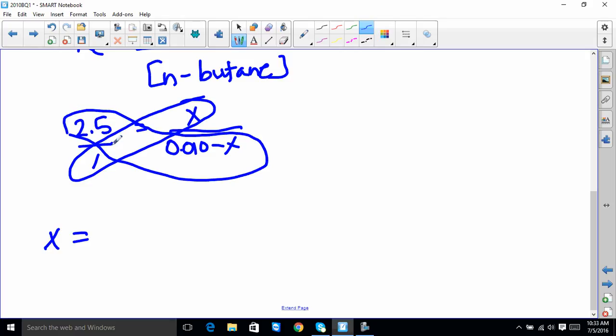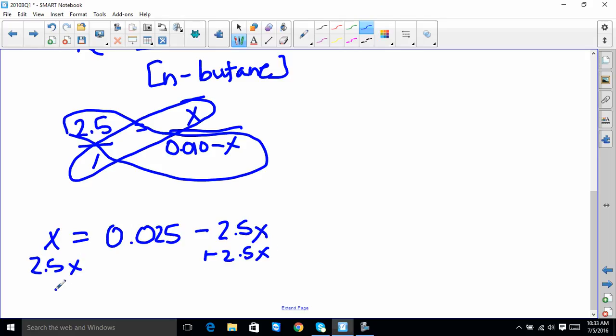So 2.5 times 0.010 is 0.025 minus 2.5x, and then I'm going to add 2.5x to both sides, and I end up with 3.5x equals 0.025. And by the way, I'm not worrying about sig figs till the very end.